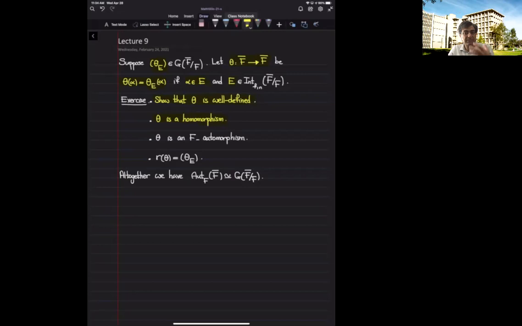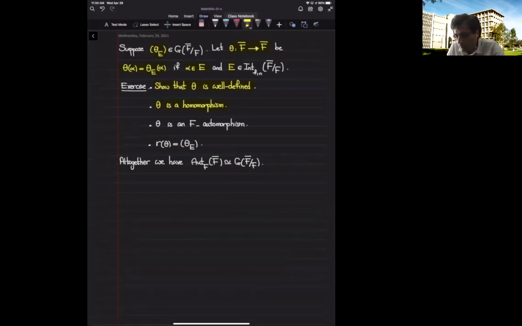Essentially, by looking at the splitting field of the minimal polynomial of alpha times the minimal polynomial of beta, I find a finite normal extension that contains both. Then I can apply the fact that theta of E is a homomorphism and deduce that theta is a homomorphism.